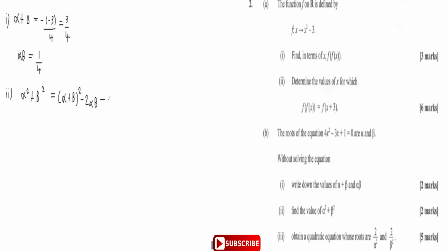We know alpha plus beta is 3/4. So put in the calculator 3/4 squared minus 2 times alpha beta, which is minus 2 times 1/4. That's going to give you the value for alpha squared plus beta squared. Work that out, and that is 1 over 16. So that's alpha squared plus beta squared.